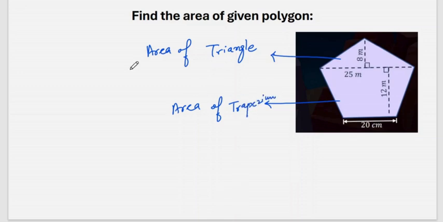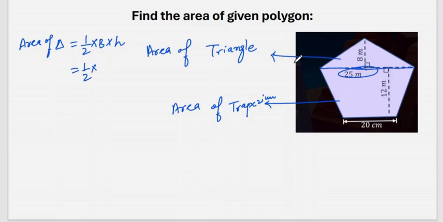Okay, so what is the area of the triangle? If you know the base and height of any triangle, we can use the formula half into base into height. So half into, what is the base? The base of this triangle is 25 meter, it is given here.